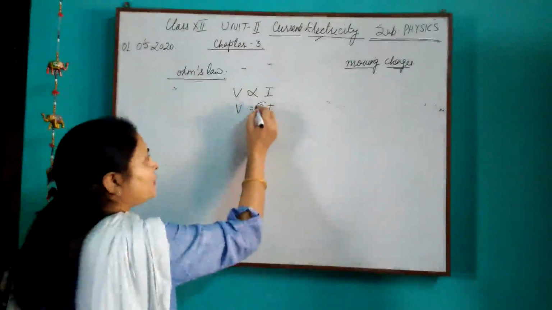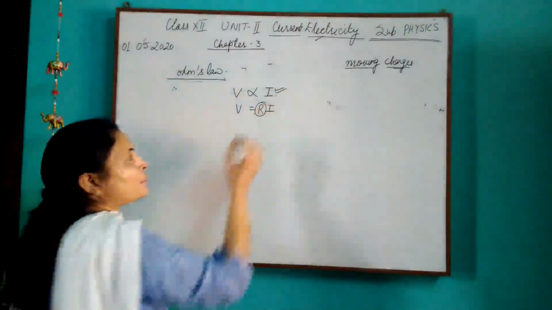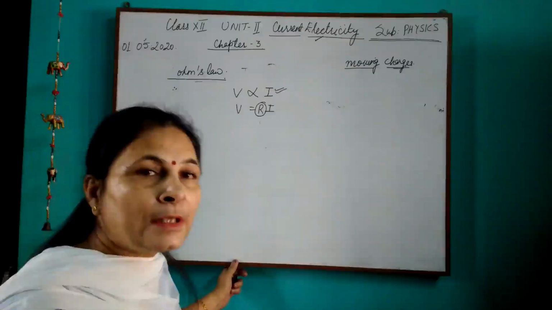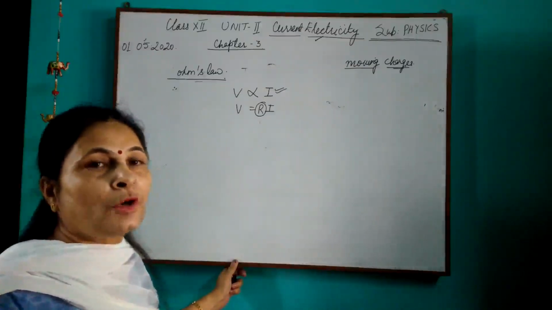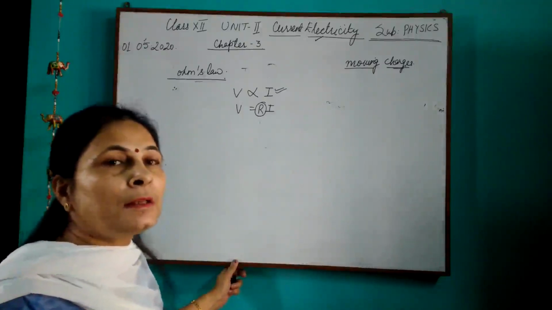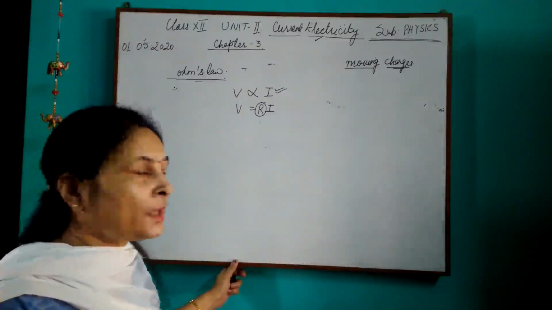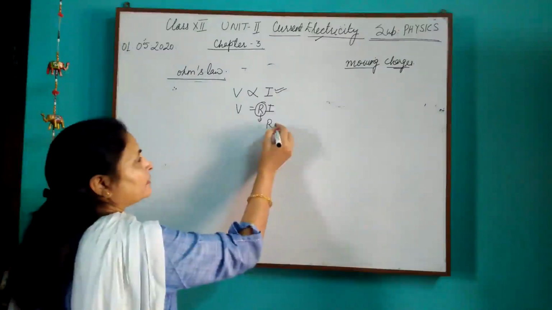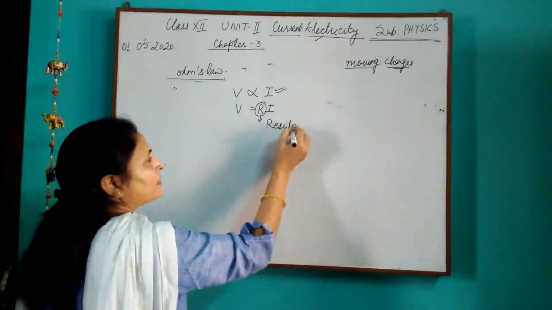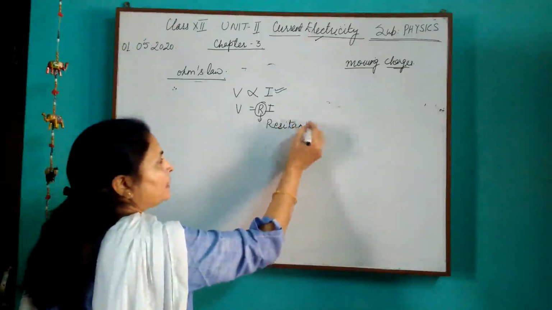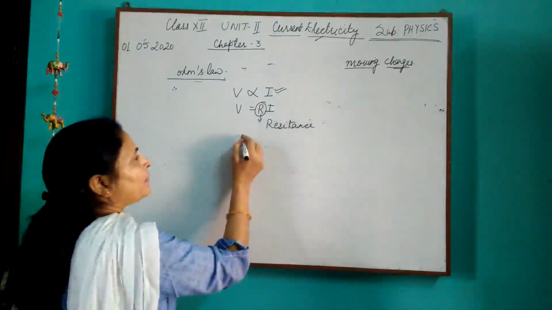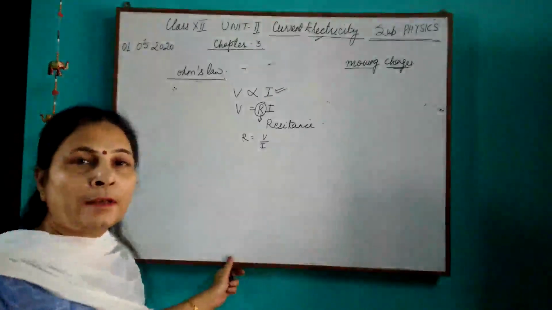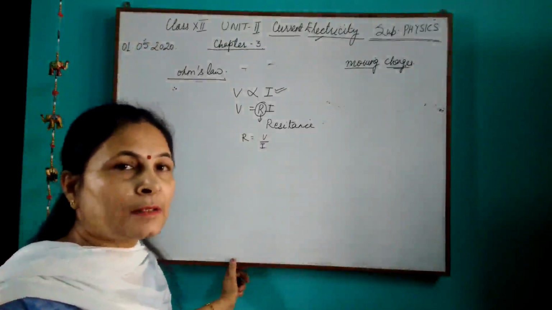And this condition, that V will remain proportional to I, is under given physical conditions, because with physical conditions the resistance may change. So this R is known as resistance. Now this is a mathematical expression for finding out the resistance.